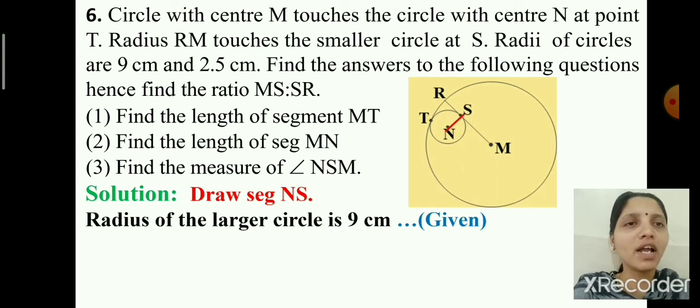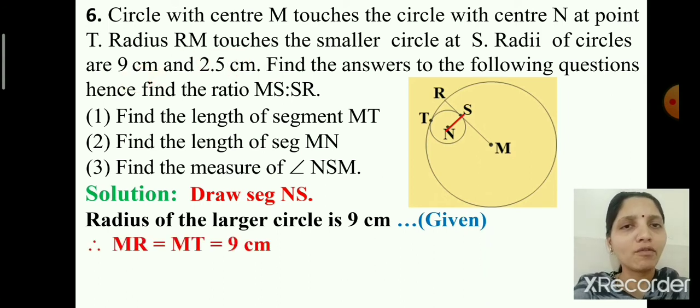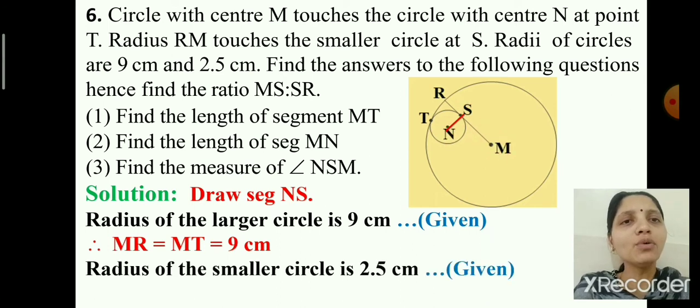Radius of the larger circle is 9 cm. It is given here. Therefore, MR is equal to MT is equal to 9 cm because MR and MT, these two are the radii of the same circle. Now radius of the smaller circle is given as 2.5 cm.